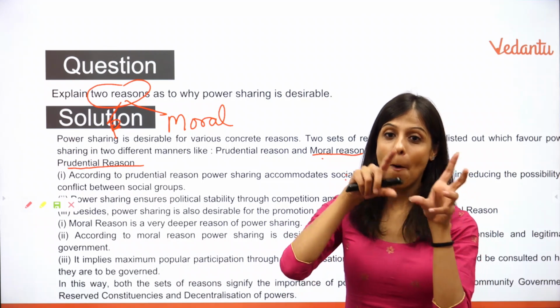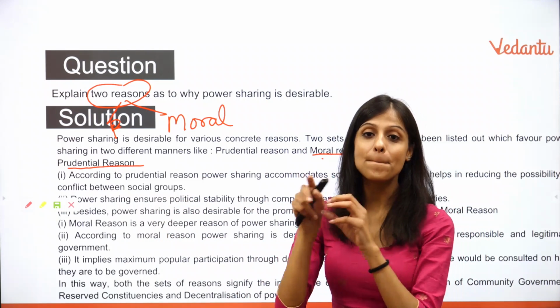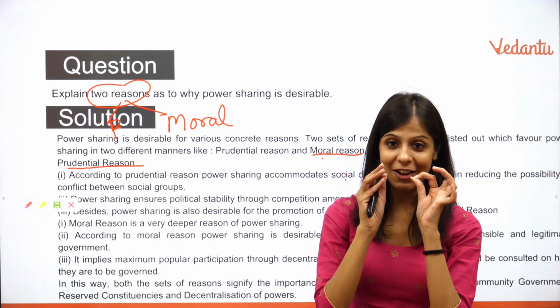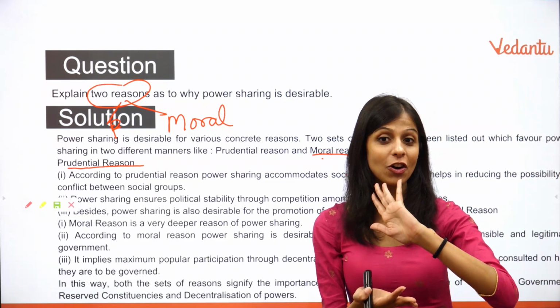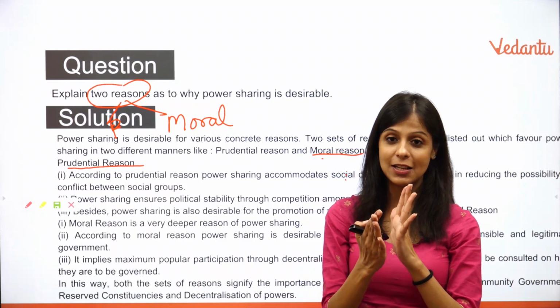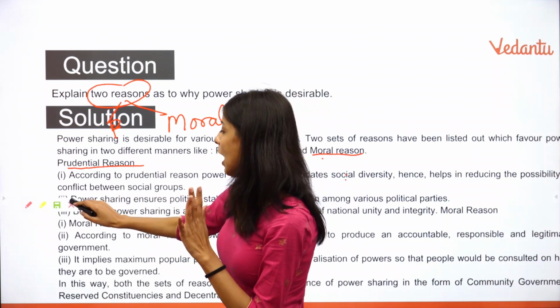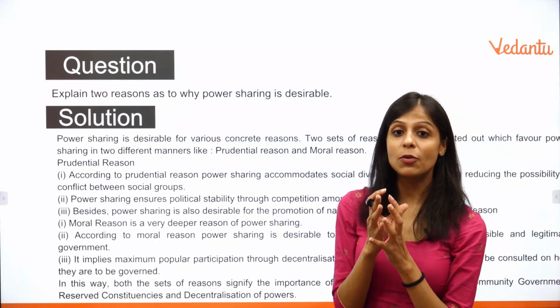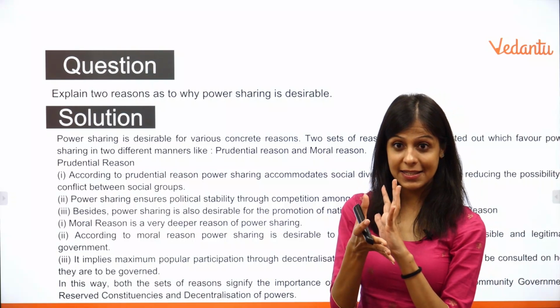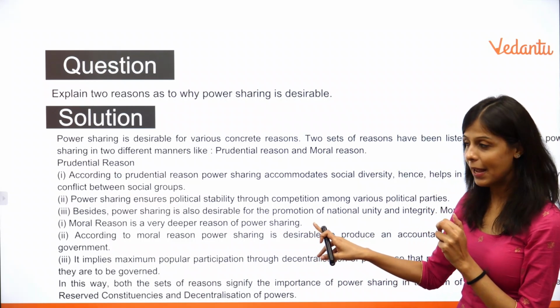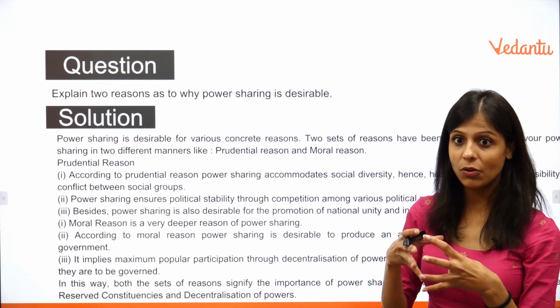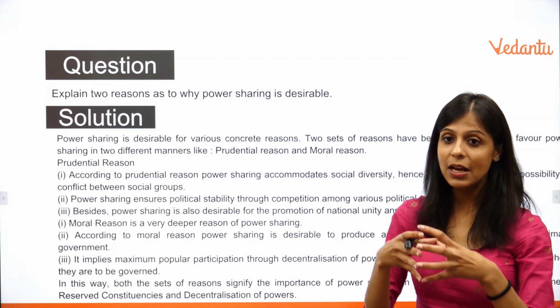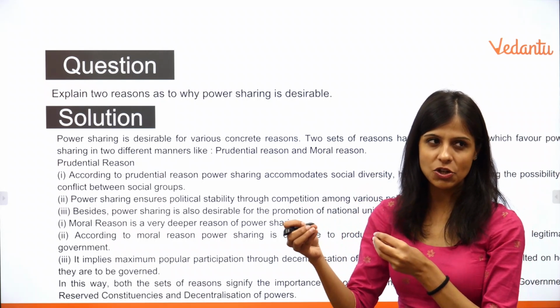So whenever I talk about prudential, it's about resolving the conflict. If you resolve the conflict, you ensure stability, and that stability helps national unity and the integrity of the country. So that is related to the prudential reason.